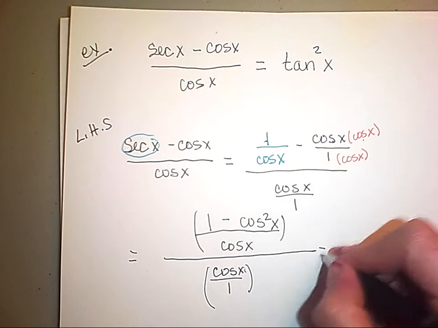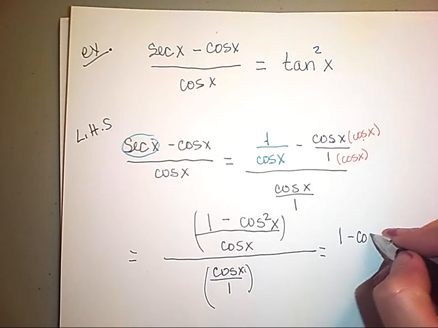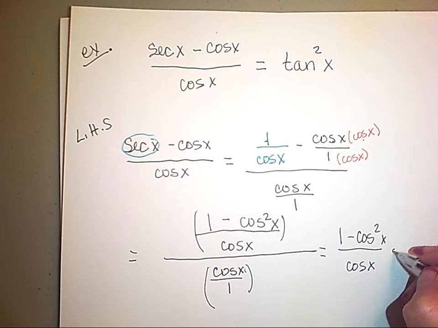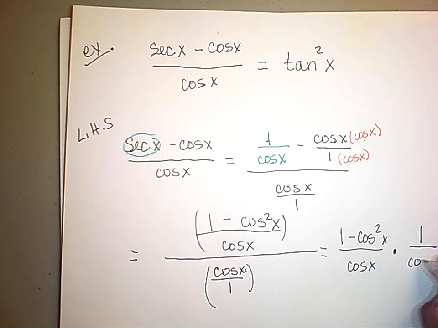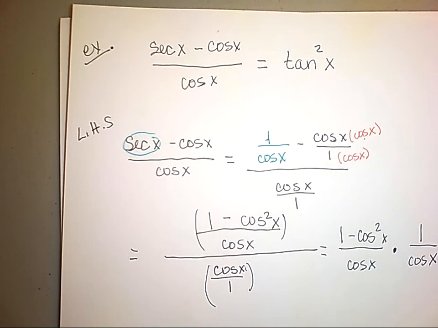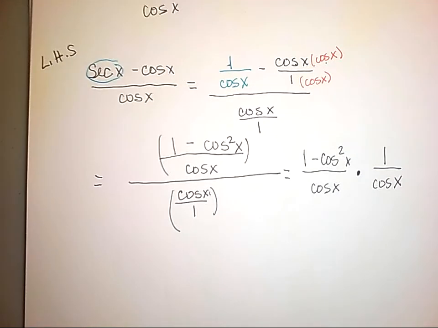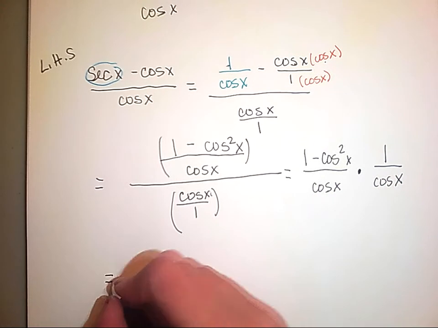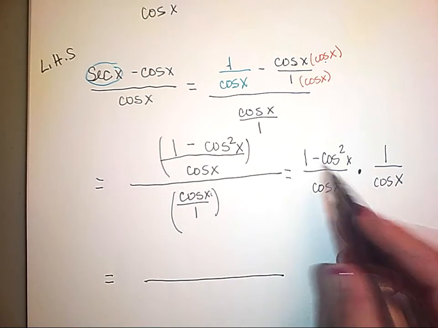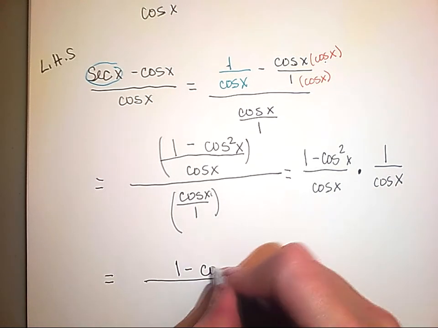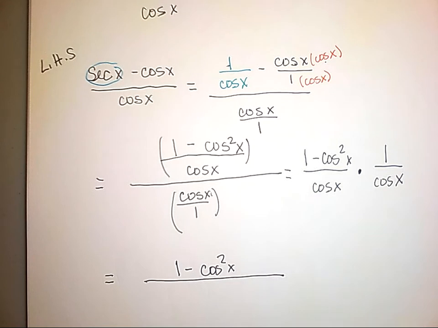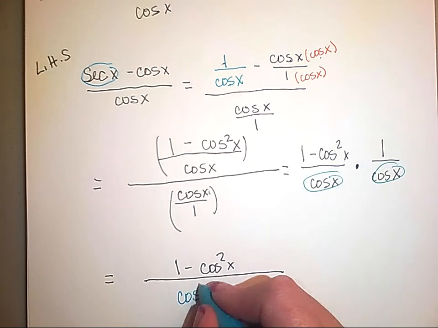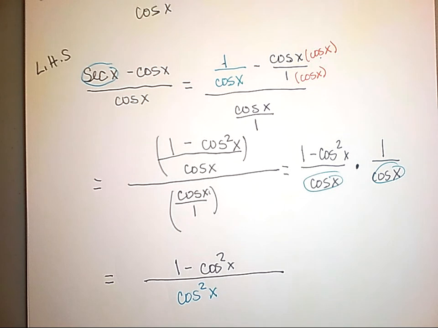Now I have two fractions being divided, so I can invert and multiply. Let's multiply these together so we'll have one fraction. Up top is just 1 minus cosine squared. Down below, cosine and cosine multiplied together is cosine squared of x.